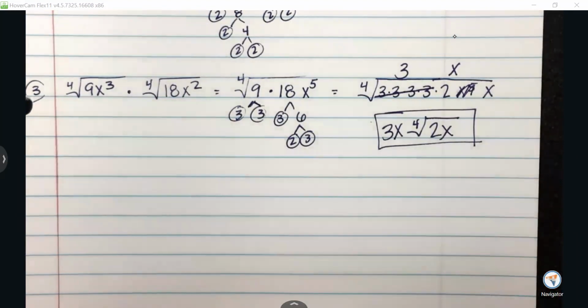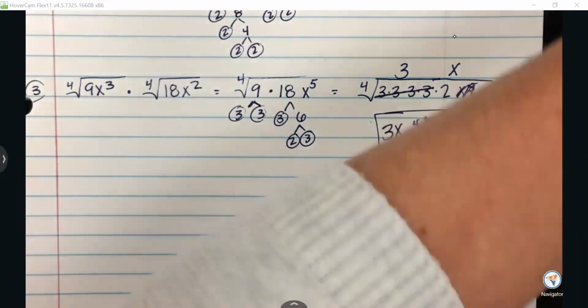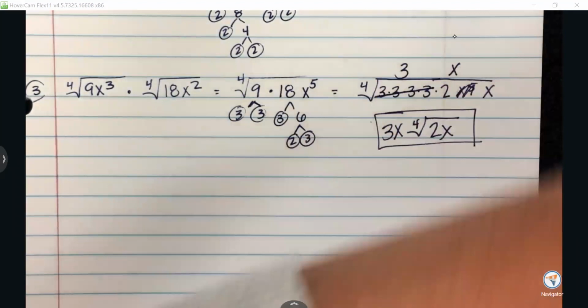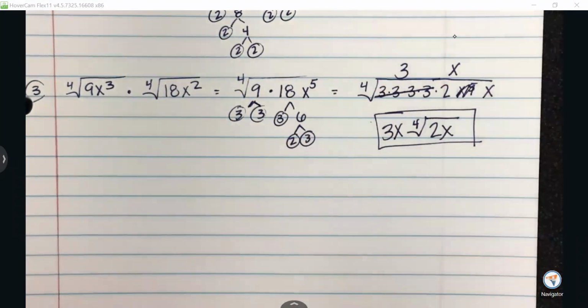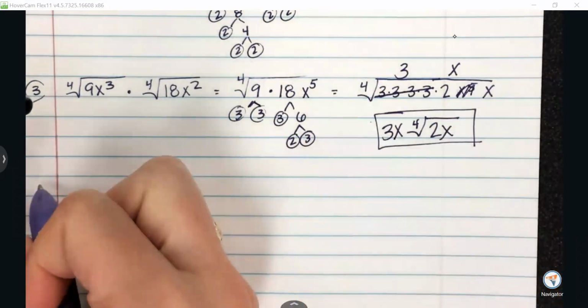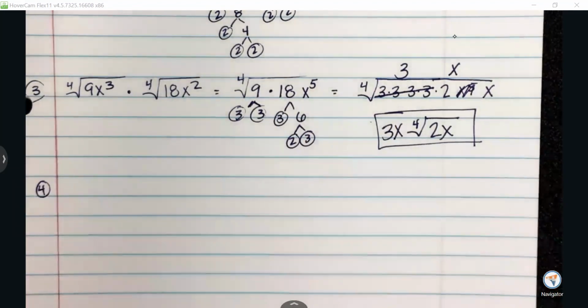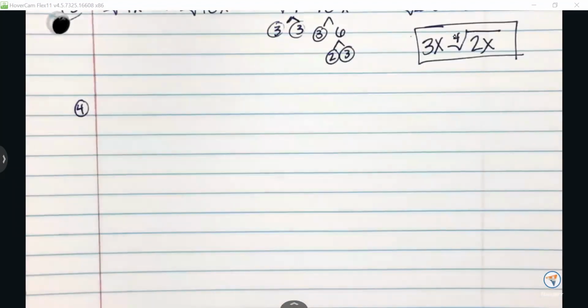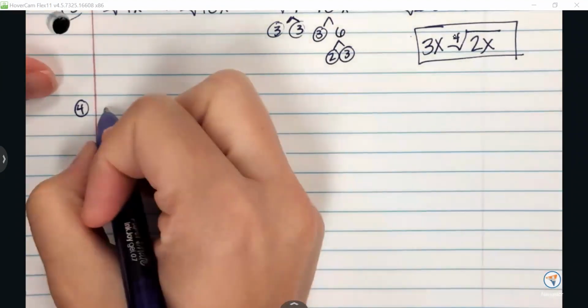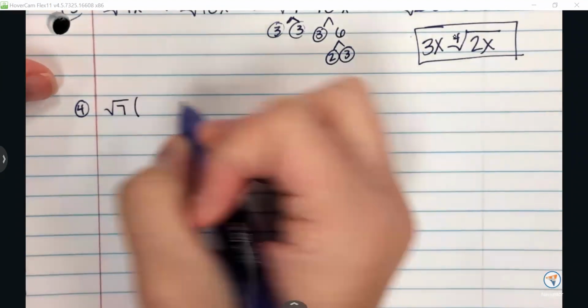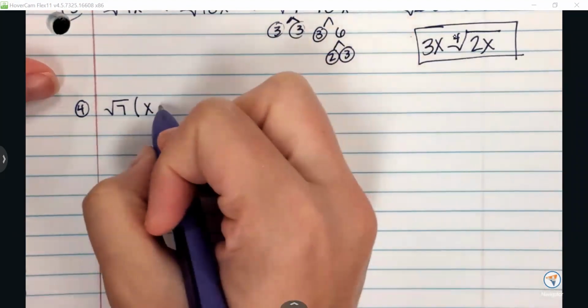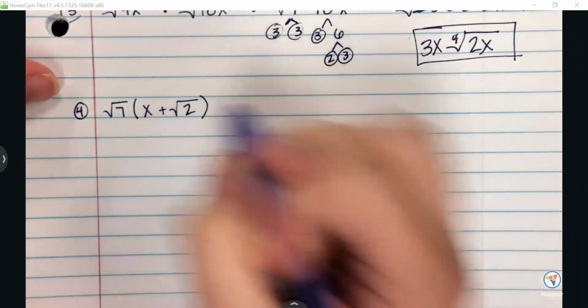Questions before we get to the harder stuff that you have to stay organized? Okay. All right, so the next 4 problems are all going to do with organization. So if you write all over your paper, it's going to be hard to get these to go where they're supposed to. Okay, so the next problem says square root of 7 times x plus square root of 2.